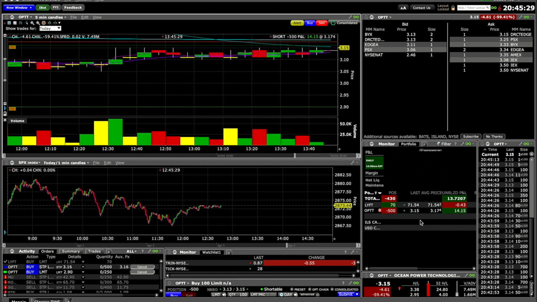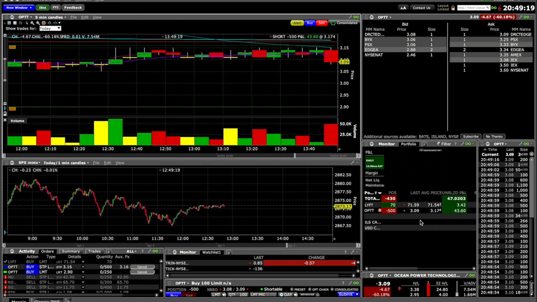So if it's going to touch the 316, I want to get out. Now, I'm not sure if I'm willing to keep the 500 shares overnight for that trade to continue. It might crash tomorrow, but it's a huge risk. I don't like risks, so we'll see what we're going to do.